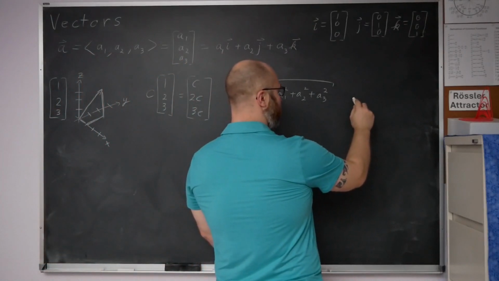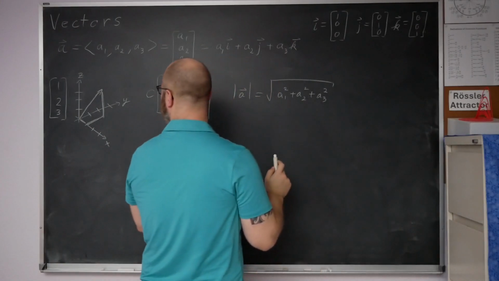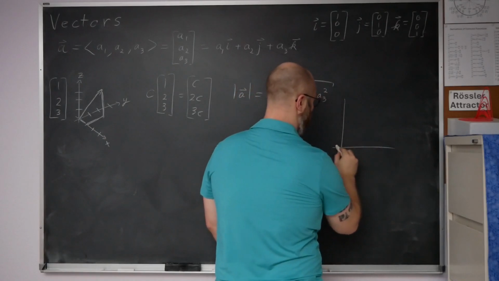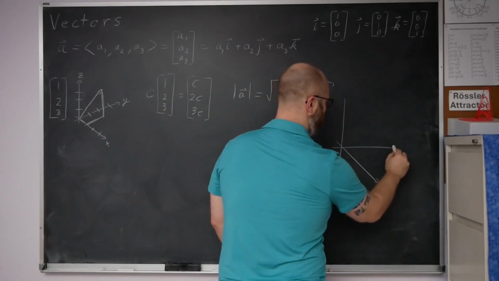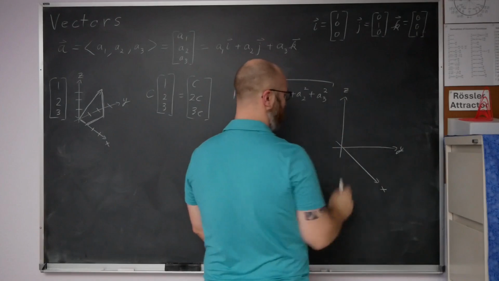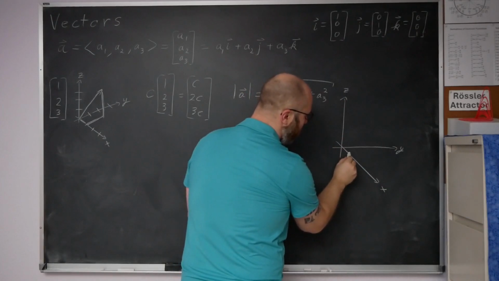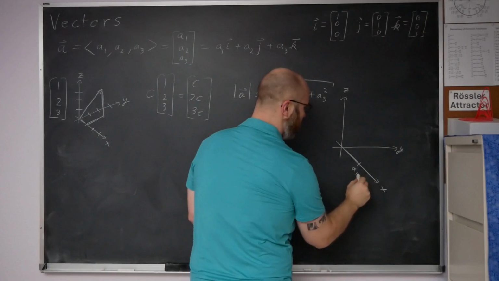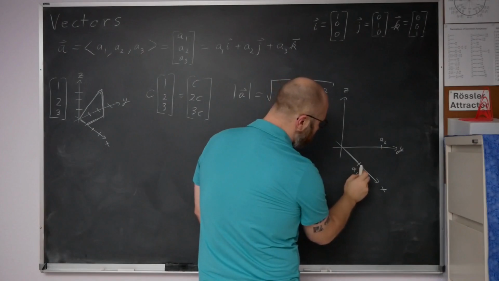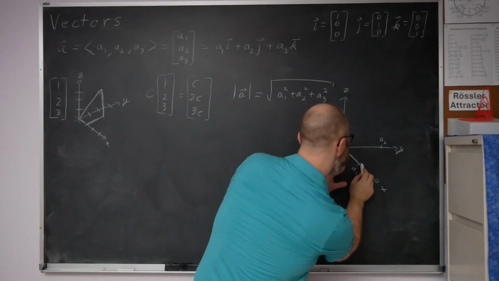Well, let's say I've got my vector, and I'll try and draw. X, Y, Z. So let's say I go out to here, and that's A1. And I go out to here, and that's A2. So now I've got to draw this carefully.